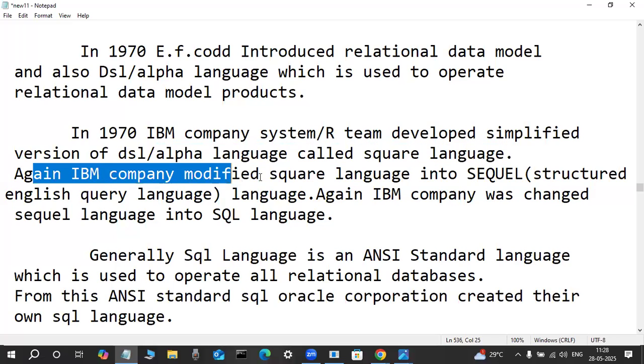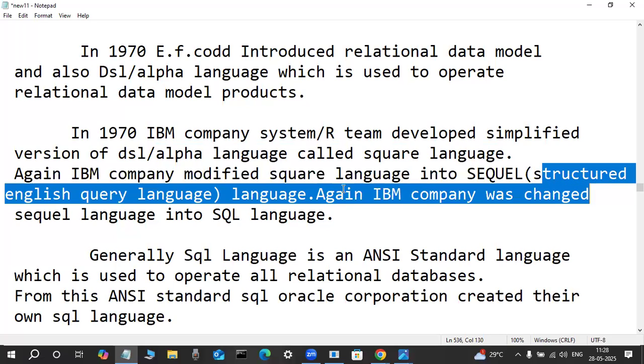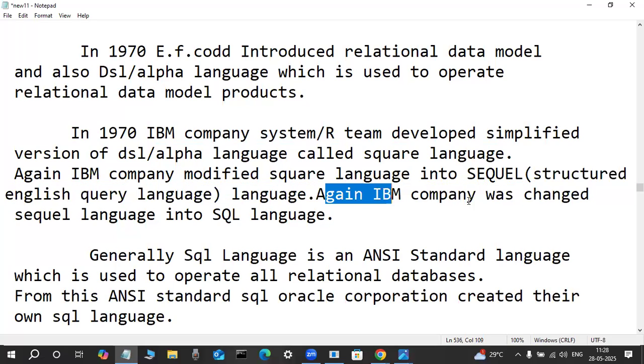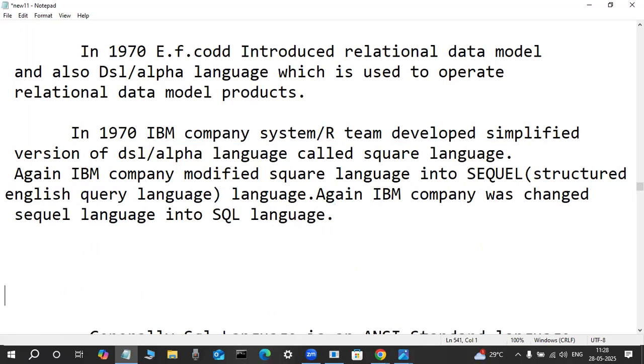Again, IBM modified SQUARE language into SEQUEL. SEQUEL means Structured English Query Language. Again, IBM changed SEQUEL into SQL. This is not mandatory, this is all history. If you don't have an idea, not a problem, you can find it on Google. But for my interest, I am telling it only.